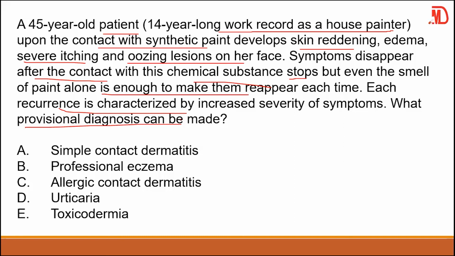This person has been working with these substances for 14 good years, and there were no cases of such symptoms until recently. Then the person started developing all these symptoms. And over here, because it is the person's kind of work, we call it occupational dermatitis or occupational eczema.